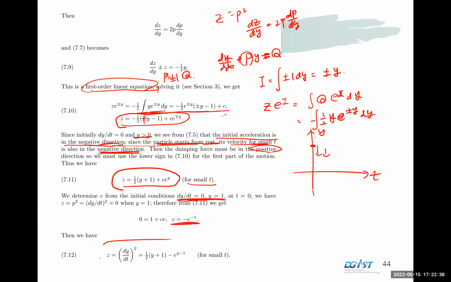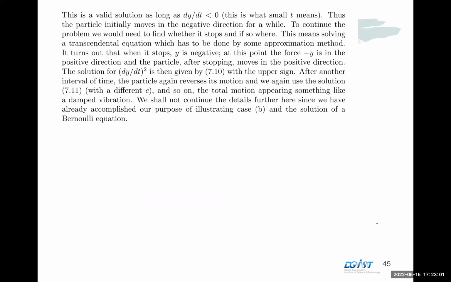So finally we can obtain z, which is corresponding to the scale of the velocity, and it is expressed only as a function of y, not t. It's a little bit different form from our previous case. And please keep in mind, this is valid only when dy/dt is negative.